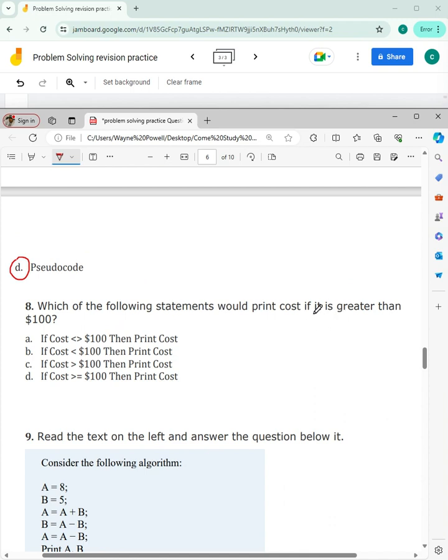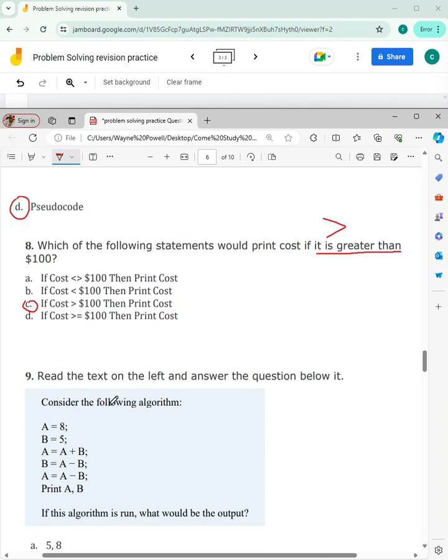So we're looking for an operator that says it is greater than. Greater than means greater than. Where is that? C. If cost is greater than 100, then print cost.